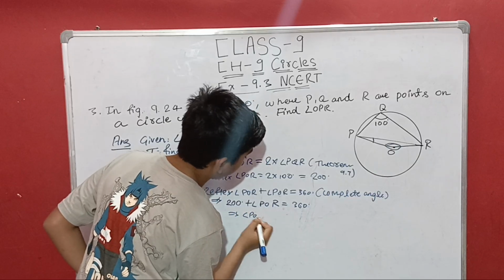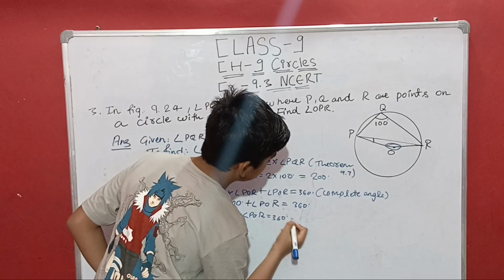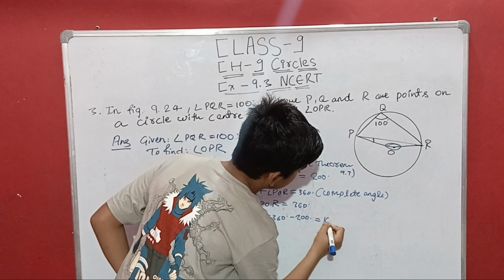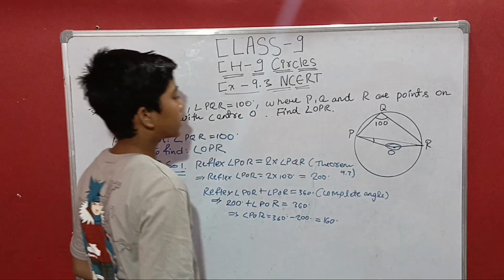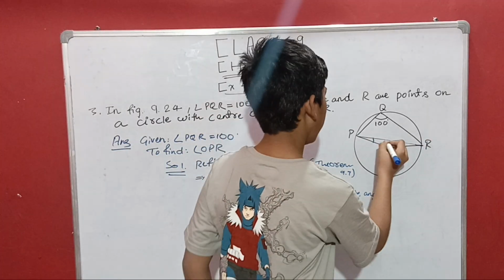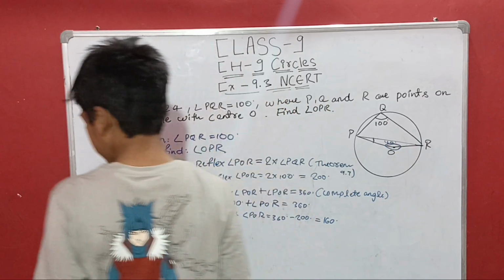So angle POR is equal to 360 degrees minus 200 degrees, which is equal to 160 degrees. So this angle will be 160 degrees. Okay.